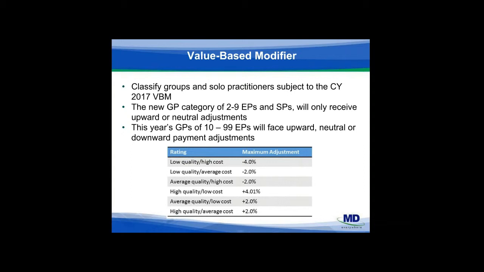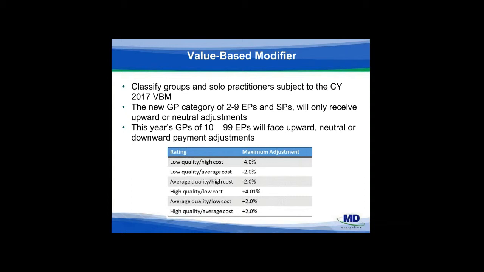So, increasing the upward adjustment from 2 to 4% and increasing the maximum downward adjustment to 4% as a max associated with groups and solo practitioners classified as a low-quality provider with a high-cost association. They're going to set the adjustment to 2% for groups and solos where there is a low-quality average cost or an average quality and high cost associated with the services rendered. And they're going to increase the maximum upward adjustment to 4.01% for those providers that have high quality and low cost.